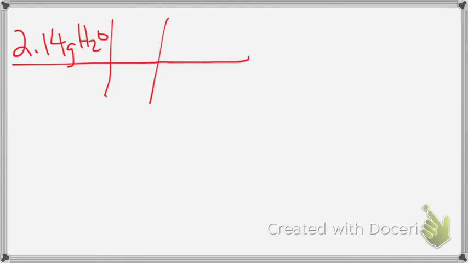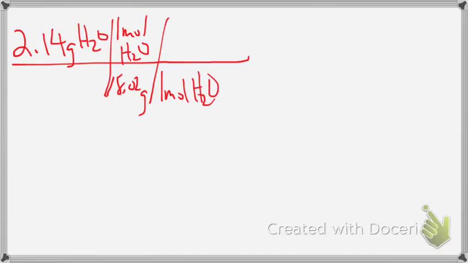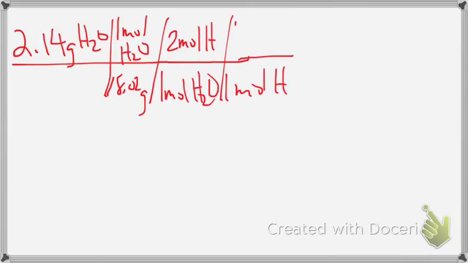We know from the molecular weight that 18.02 grams of water is equal to 1 mole of water. Also, from the molecular formula, 1 mole of water has 2 moles, that's where some people make a mistake, of hydrogen, because it's H2O. And from the periodic table, we know that 1 mole of hydrogen is equal to 1.01 grams of hydrogen.